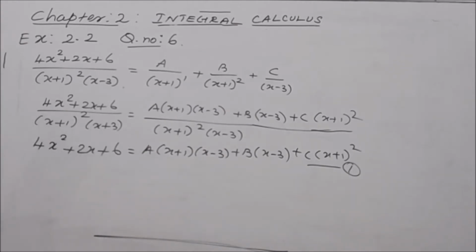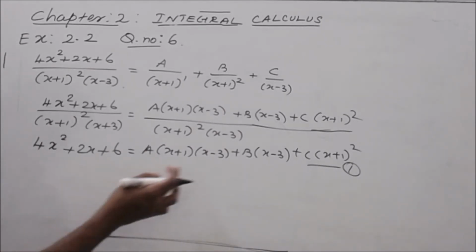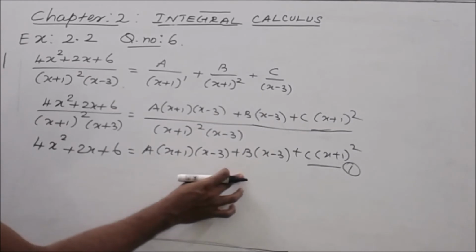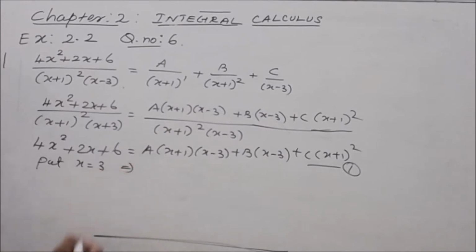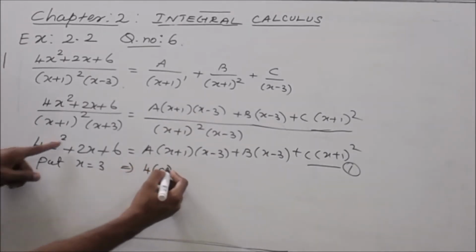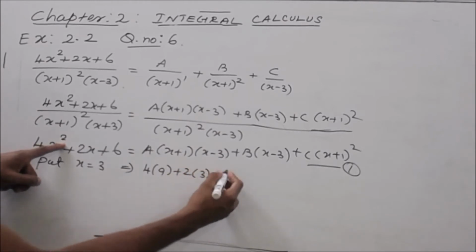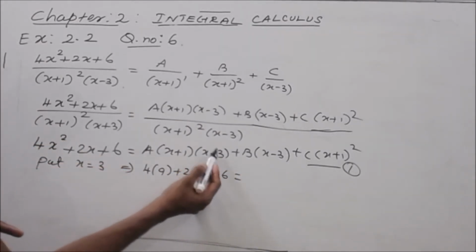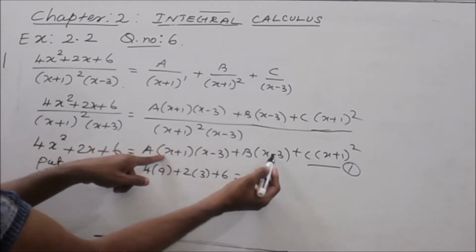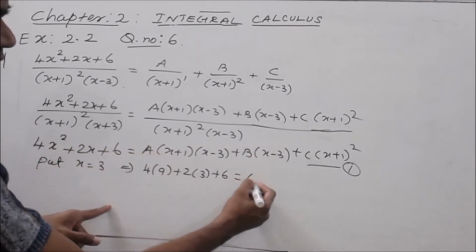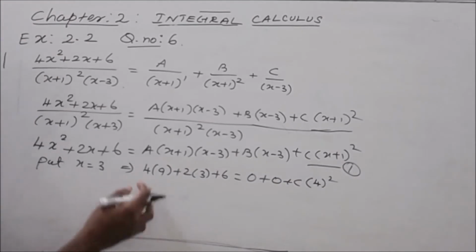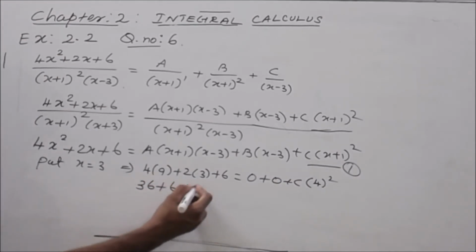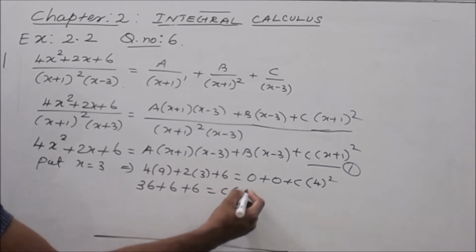Before going to the equating method, we should substitute some values. When we substitute x = 3 here, the first two terms become 0. So put x = 3 in 1: 4 into 9 plus 2 into 3 plus 6 is equal to 0 plus 0 plus C into (3 + 1)². So 36 + 6 + 6 = 16C.